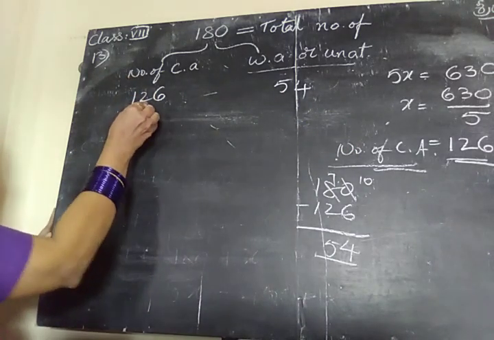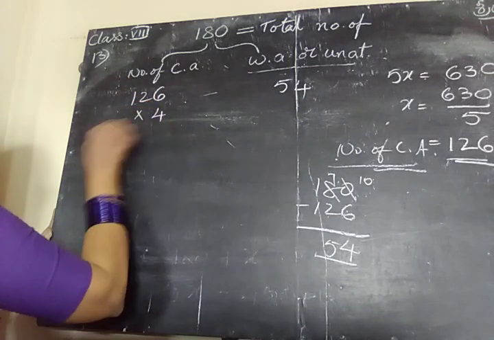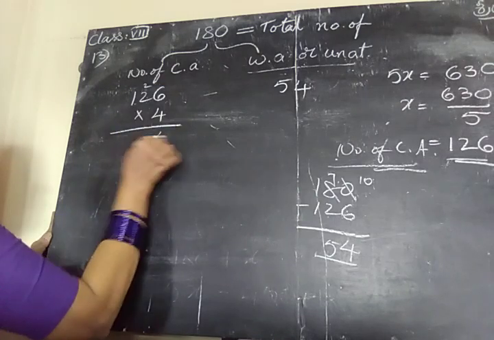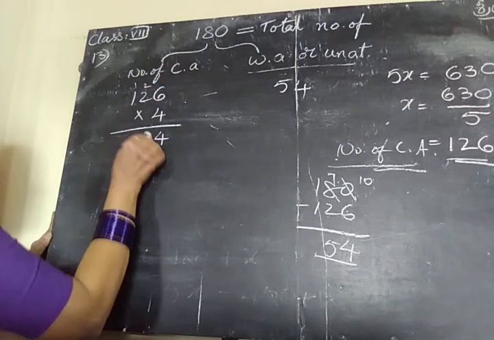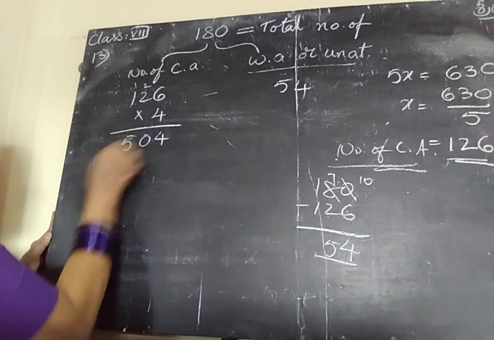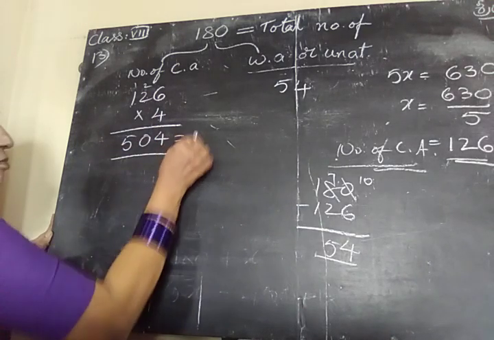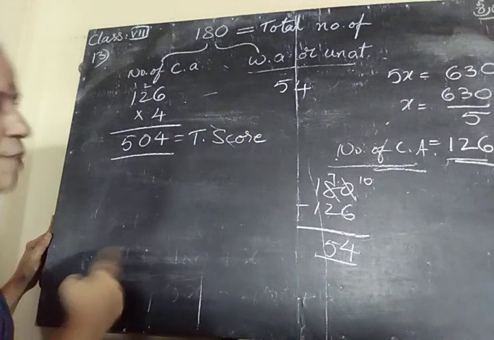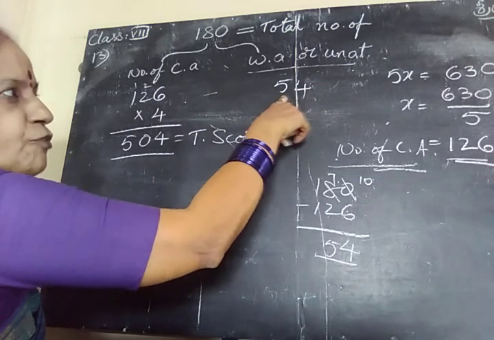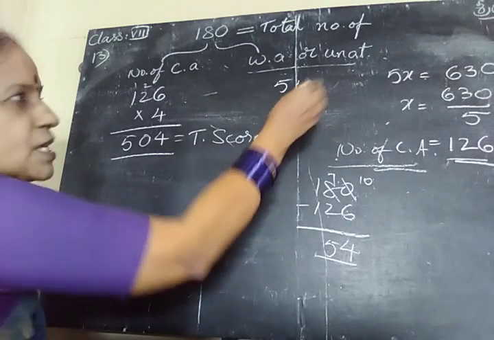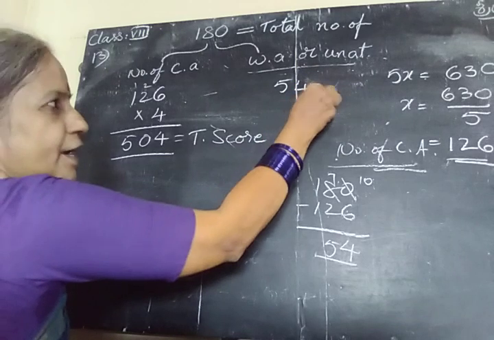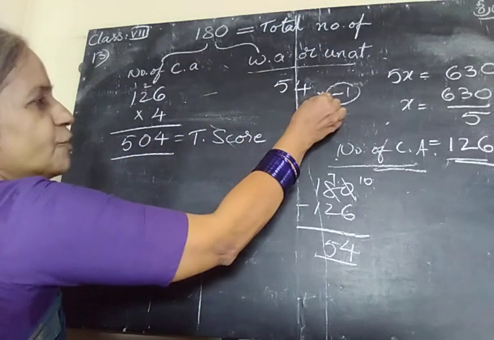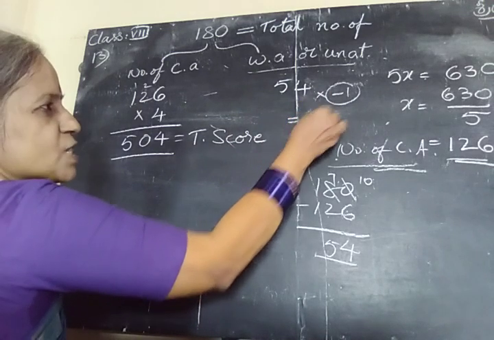Now for each correct answer they are giving 4 marks, so 126 into 4. 4 sixes are 24, 4 twos are 8 plus 2, 10, 4 ones are 4 plus 1, 5. The total score is 504 marks. But these 54 you have to subtract, because for each wrong and non-attempted answer minus 1 is given. So 54 into minus 1 is minus 54.